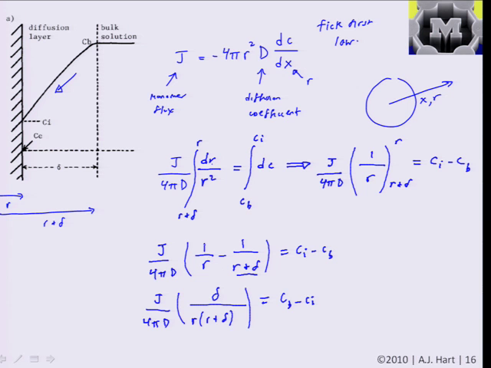Just r plus delta in the numerator here, minus r, divided by the product of the denominators. Yes, I don't know why I switched that.